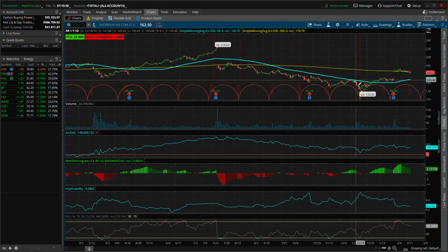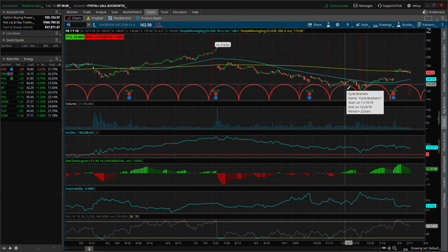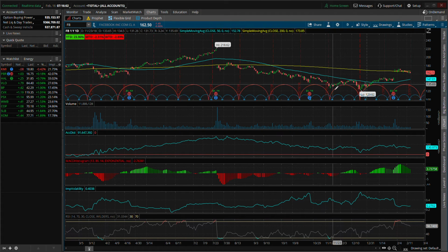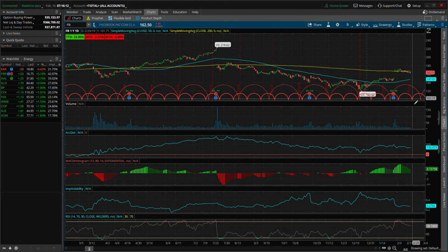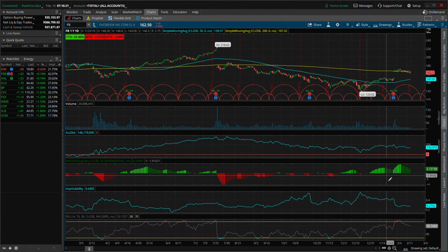You see here, there's a cycle. We can draw a smaller cycle as well. Okay, that gives a little bit more. So it's going to be choppy, in fact. There is a big cycle coming down and there is a small cycle starting up here. So it's going to be choppy in this range between 162 and 147.